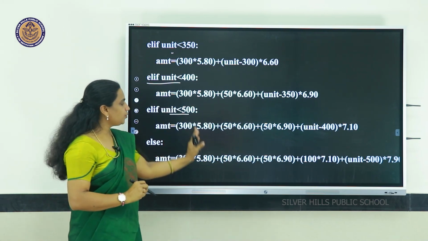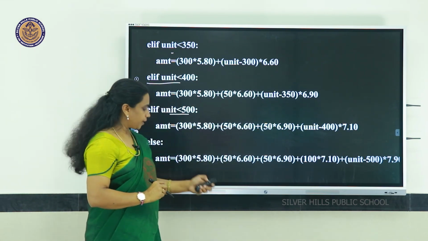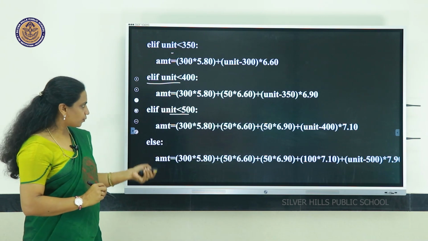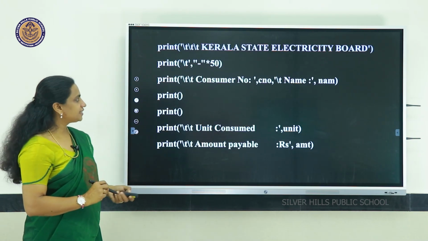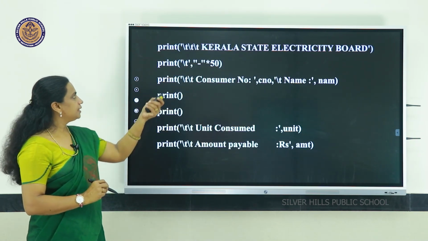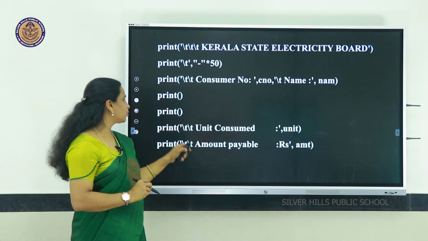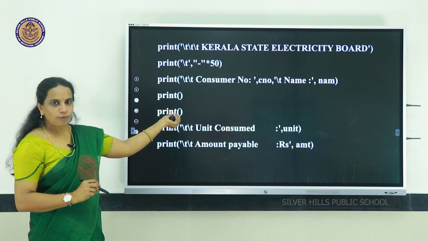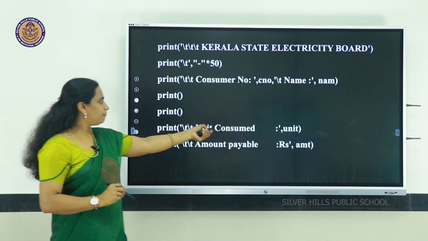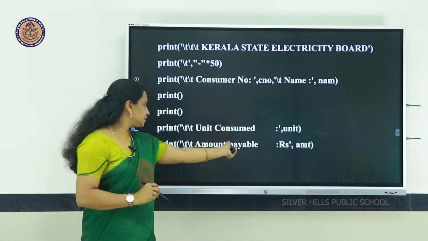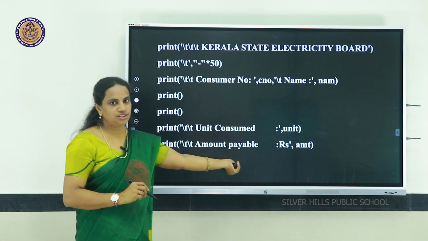Accordingly, you can calculate it. Now, after this calculation process, you can print the electricity bill neatly by stating Kerala State Electricity Board, consumer number and name of the consumer. You can leave proper spacing, then you can print the unit consumed and the amount payable by the consumer.